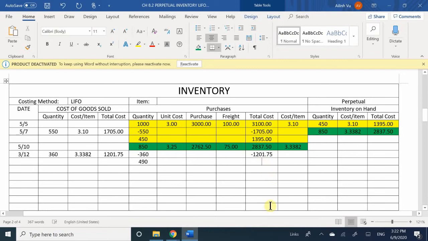So what is my new total now? $1635.75. Yes. 1635.75. All right.